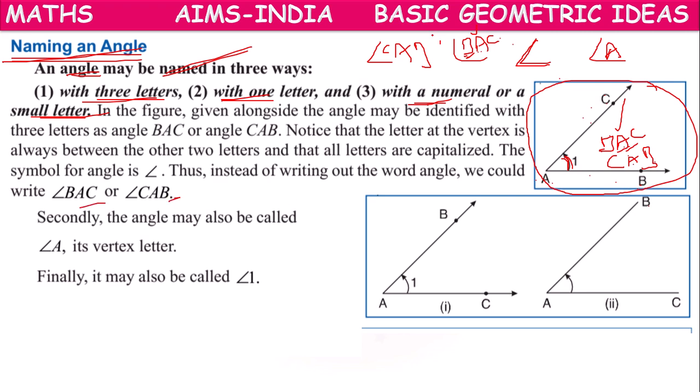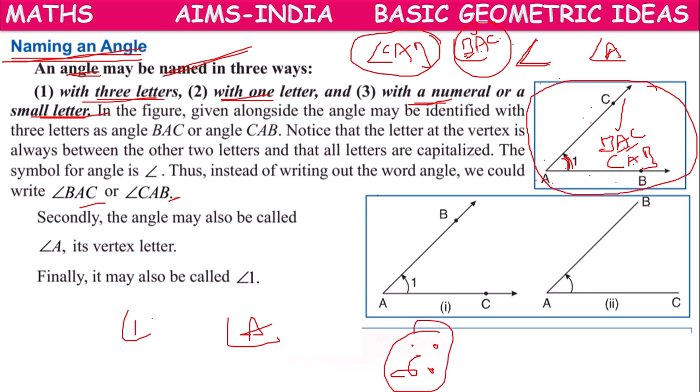So with 3 letters we can mention it, or only with the vertex, angle A, or with angle 1, or if it has any value like 60 degrees or 30 degrees, with that value also we can mention it. So we can mention the angle in any way.